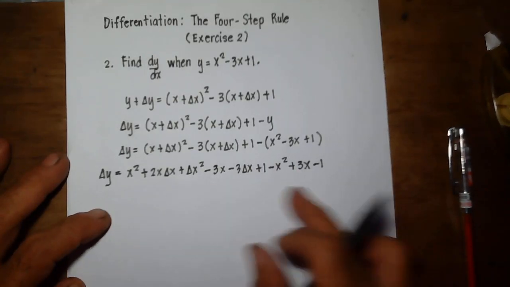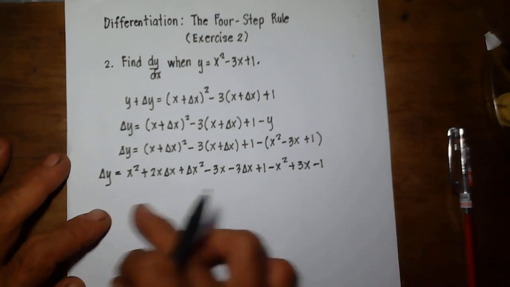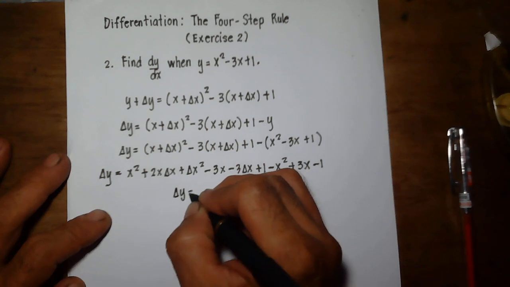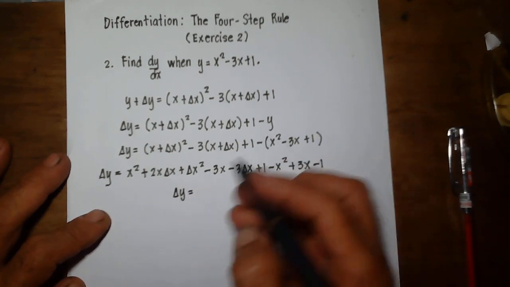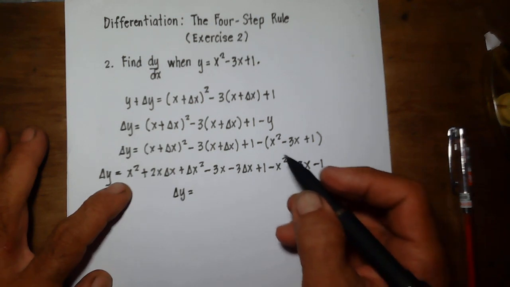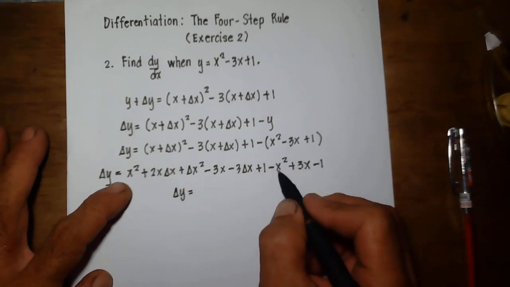Now, we simplify the right hand side of the equation. We have delta y is equal to, so we cancel terms, x squared minus x squared.